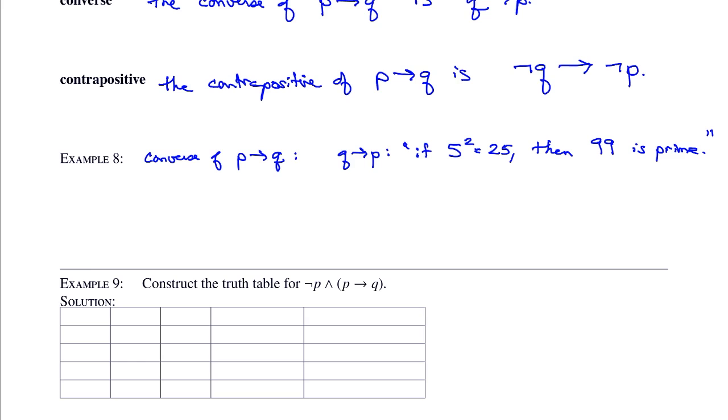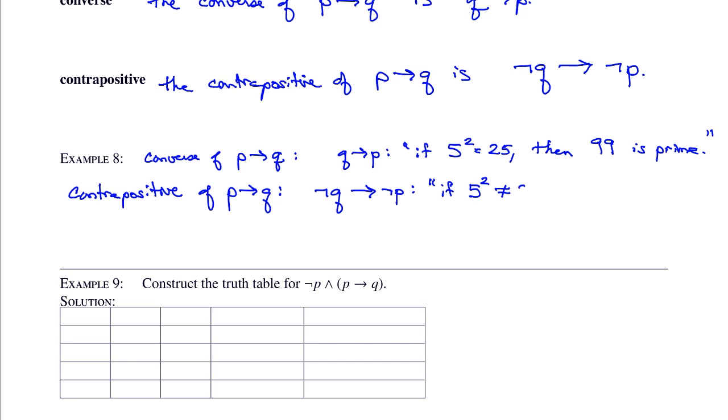And then let's do the contrapositive. Of if P then Q, the contrapositive is if not Q, then not P. And so it's basically the converse, but the negative of each of the parts here. So if 5 squared is not 25, then 99 is not prime.